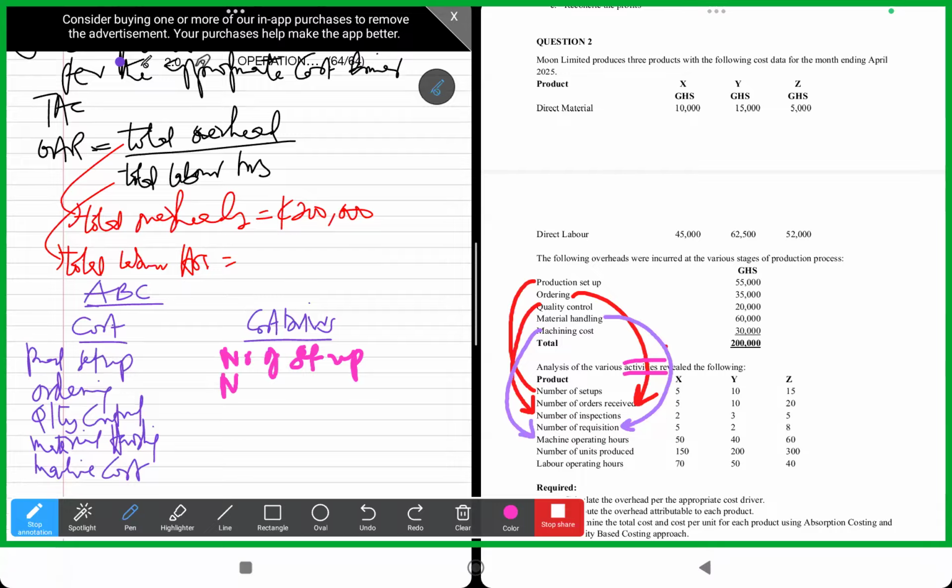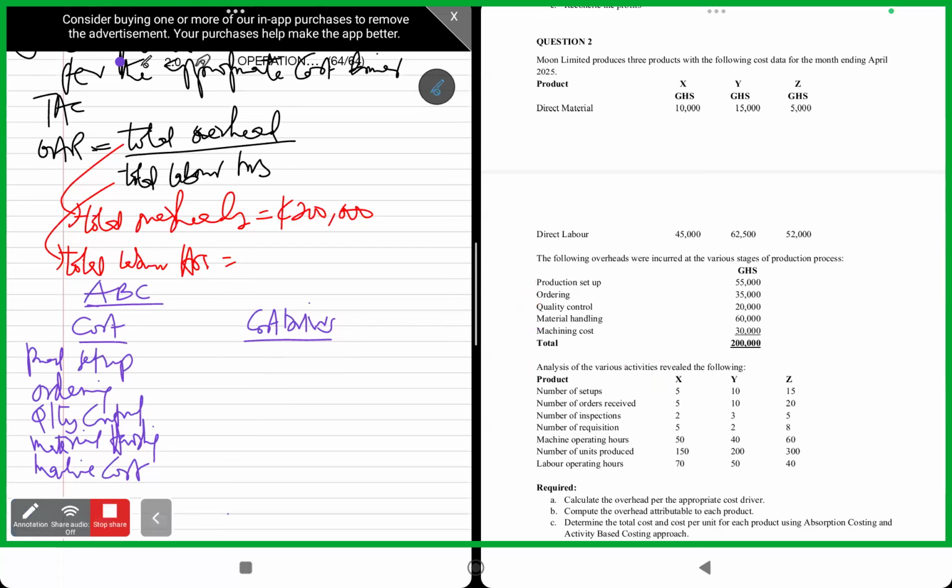So I'm going to copy them here. Production setup is number of setups. Whenever it's activity based, that's the first thing you have to find. Ordering cost is number of orders received. Number of inspections.